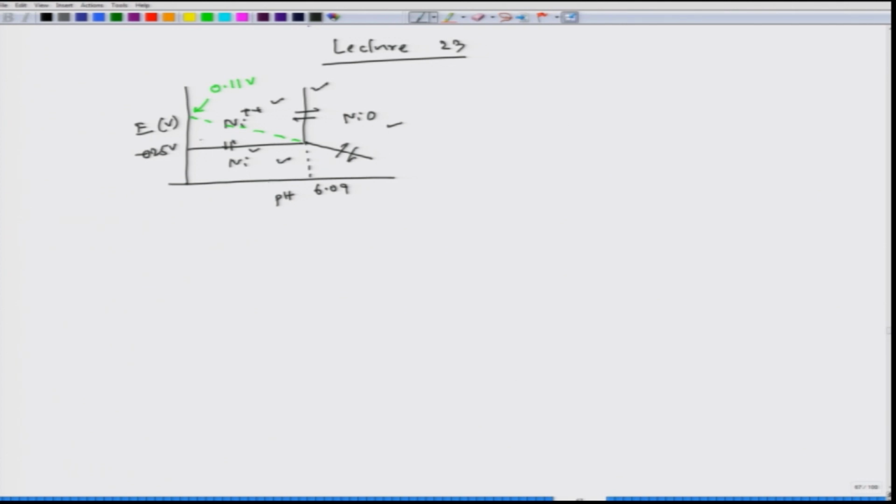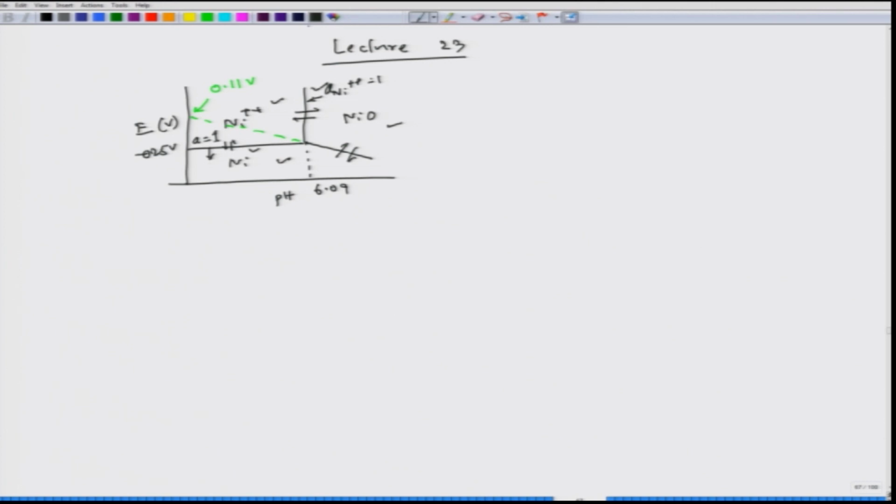This was drawn when the nickel ion concentration was 1, that is Ni plus plus activity equal to 1, then only we could get 0.25 volt. If we change the activity of nickel plus plus from 1 to 10 to the minus 1, 10 to the minus 2 like that, this line would go down.